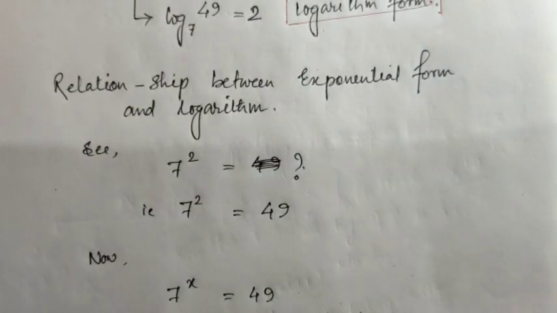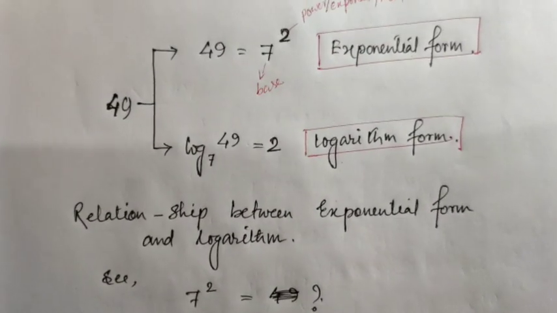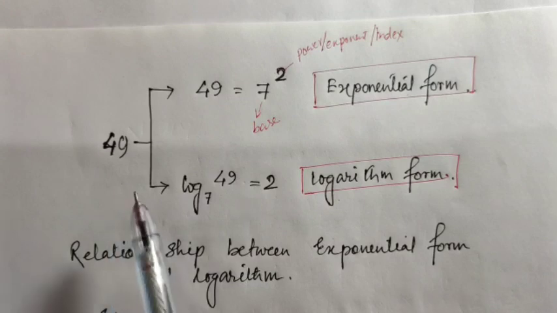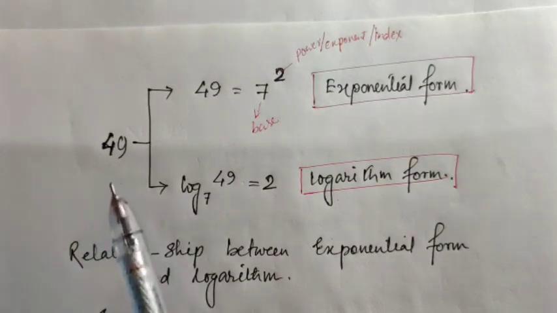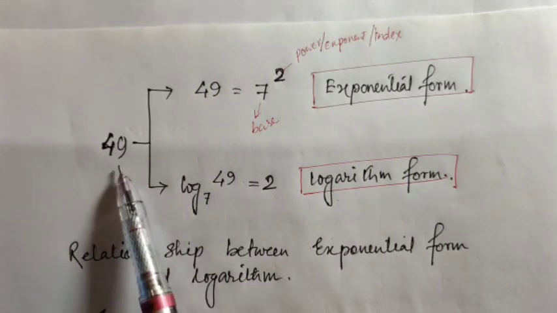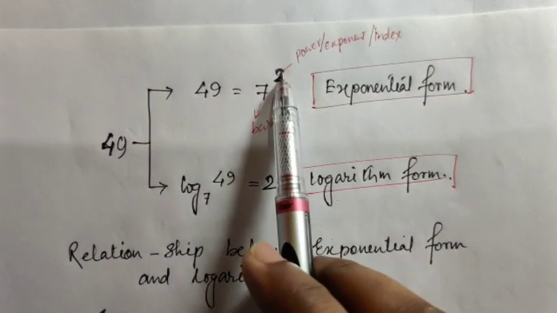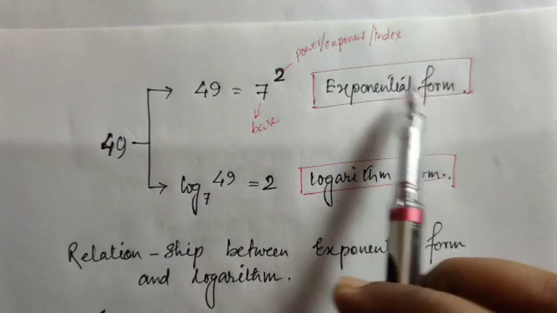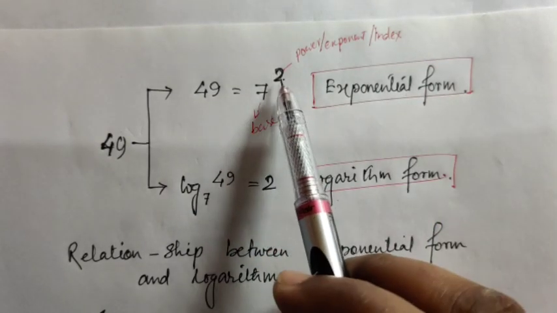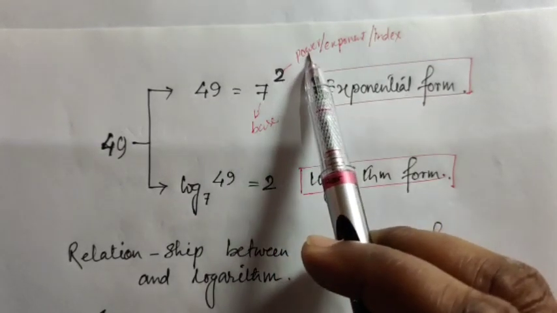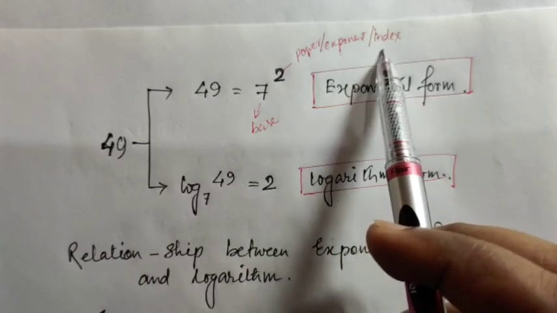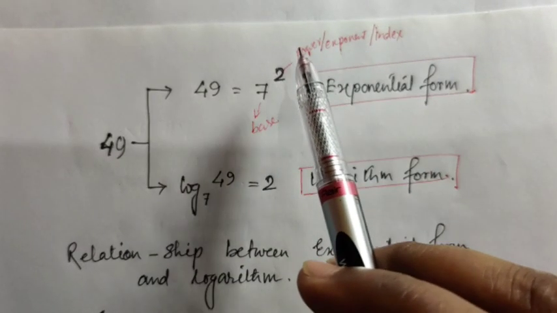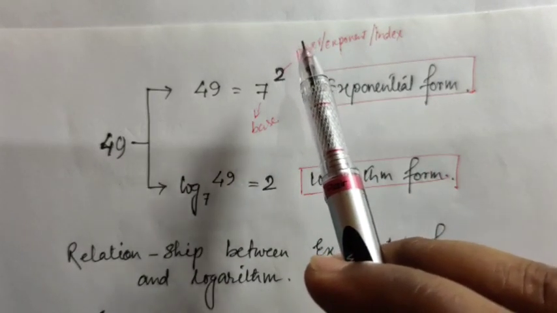Let us see. Now say 49, which is a real positive number. This 49 you can write as 7 square. Now this 7 square is the exponential form, where 7 is the base and 2 is known as power or exponent or index, whichever word you feel free you can say.